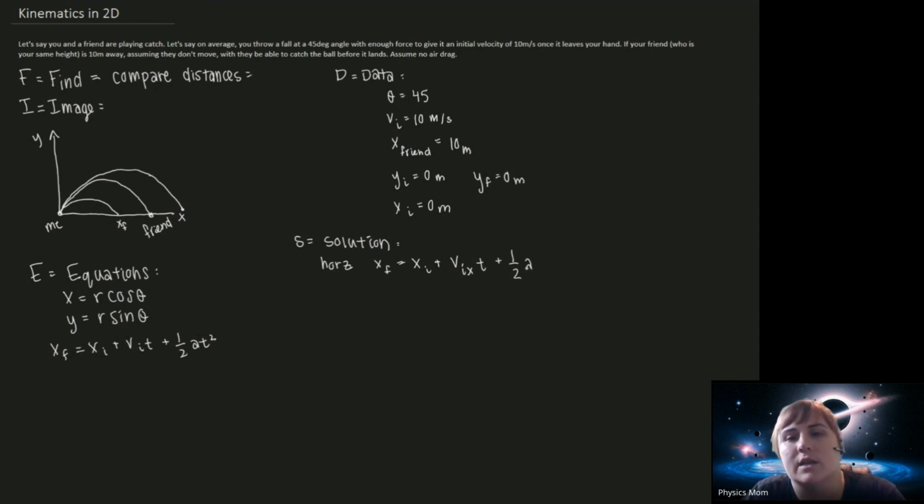So I need acceleration x times time squared. So those are different. And then for the vertical, let's call this the y. So I'd have y final is equal to y initial plus v initial y t plus 1/2 the acceleration in the y direction times time squared.